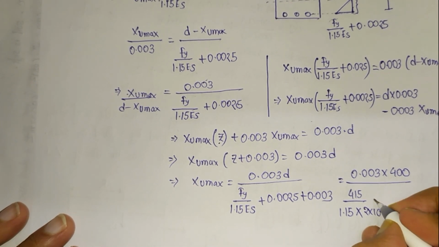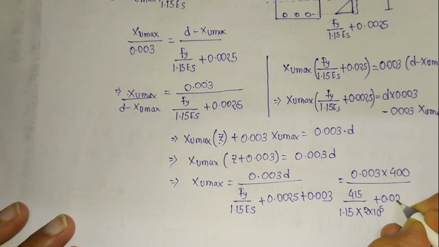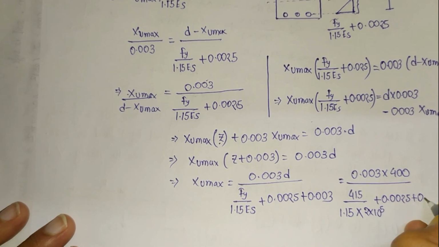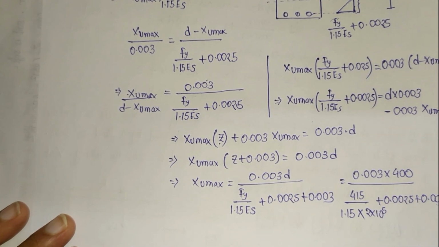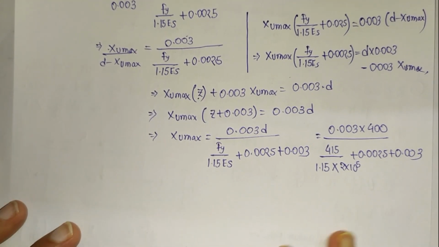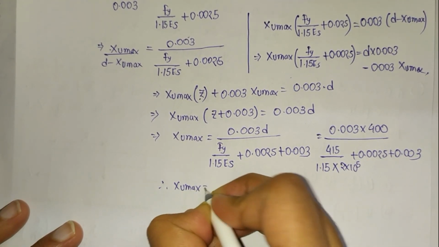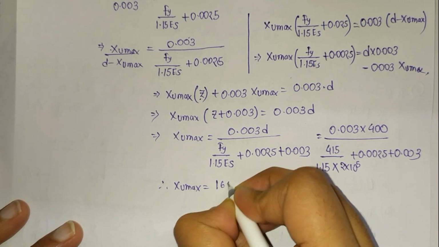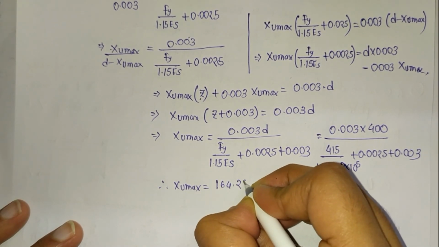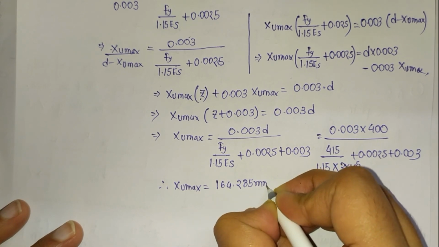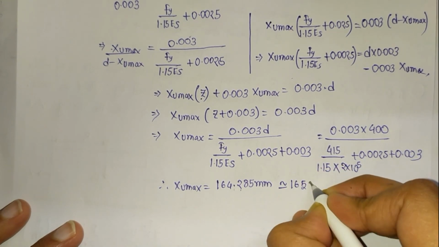So xu max equals 0.003 into 400 divided by (415 by (1.15 into 2 into 10 to the power 5) plus 0.0025 plus 0.003). Solving this, it is coming as xu max equal to 164.285 millimeter, approximately 165 millimeter.